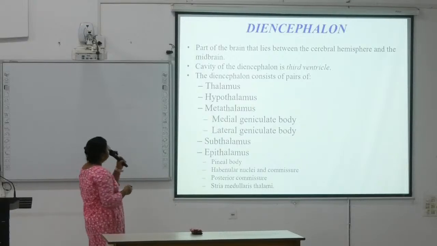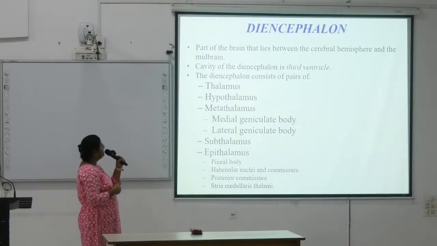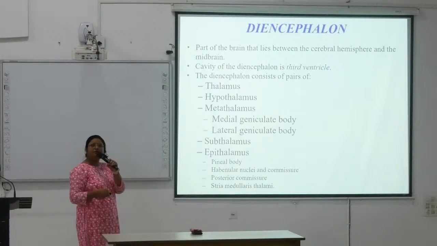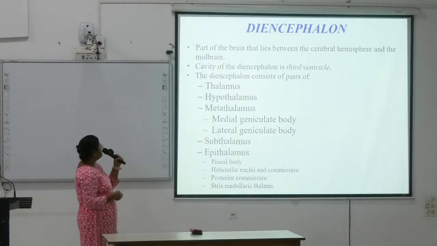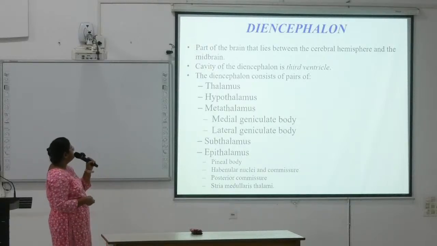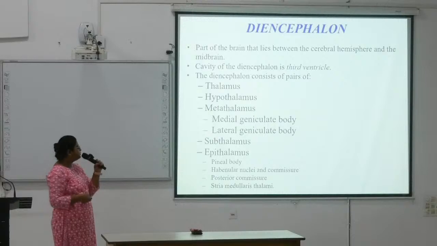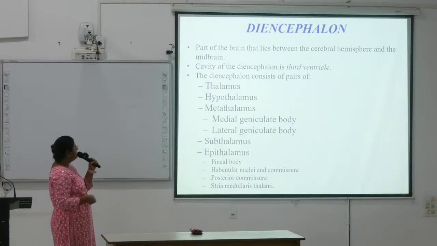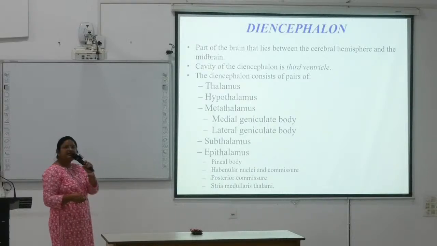So the diencephalon consists of pairs of thalamus, hypothalamus and metathalamus. Metathalamus consists of medial geniculate body and lateral geniculate body. Subthalamus and epithalamus. Epithalamus consists of this pineal gland, habenular nuclei and habenular commissure, posterior commissure and stria medullaris thalami.